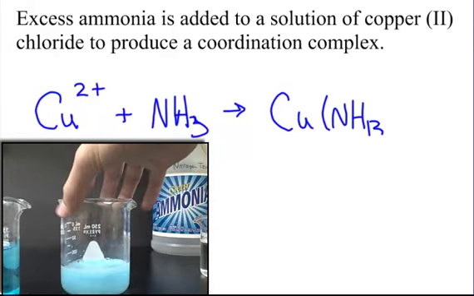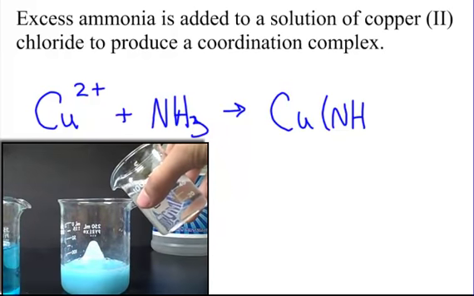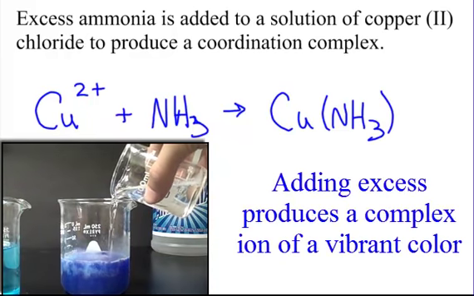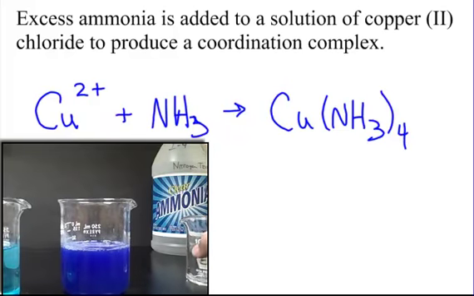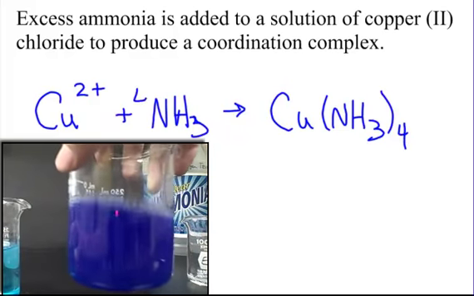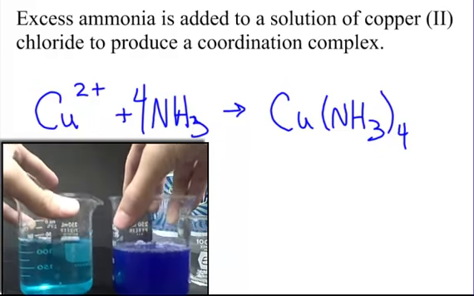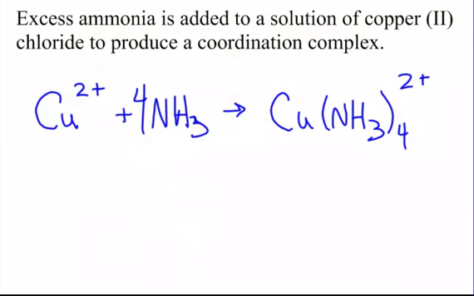Copper's charge is plus 2, so I need 4 ammonias at the end as well as 4 at the beginning. Copper has plus 2, ammonia has 0, which means at the end we have plus 2 for our complex ion. It's as easy as that.